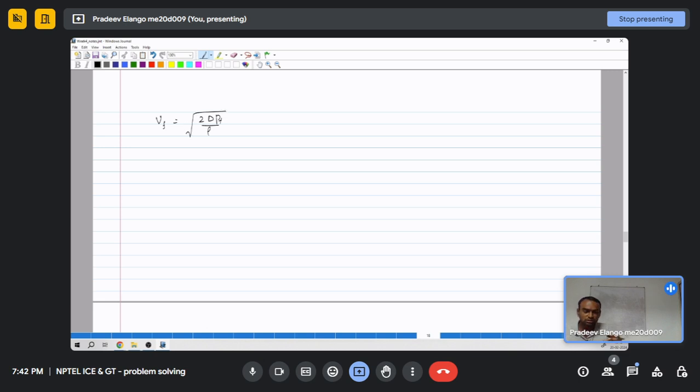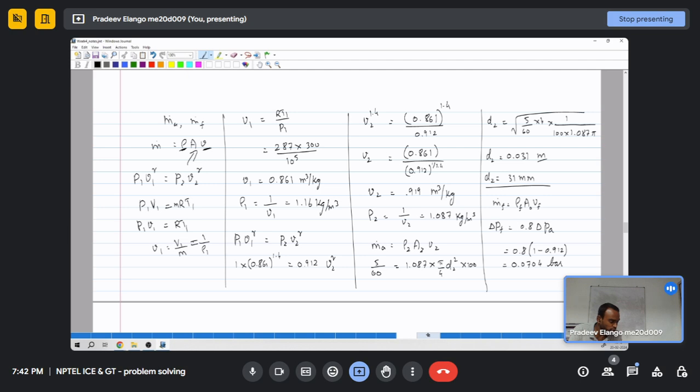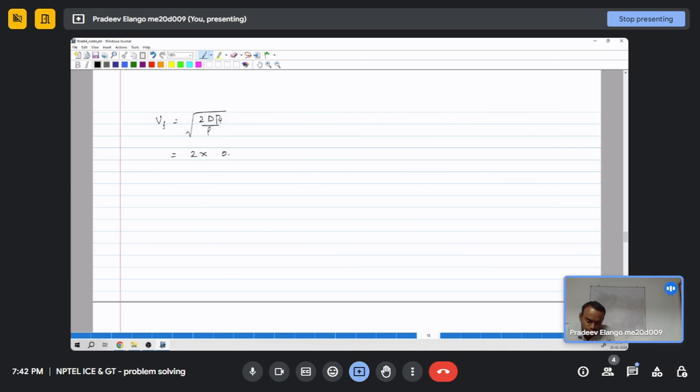Across an orifice, the velocity with the pressure difference across it is root 2 delta p by rho, right? So we have 2 into delta p, which is 0.0704 into 10 power 5 because we need SI units, and then rho is 750. The specific gravity is given as 0.75, so the density is 750 kg per meter cube.